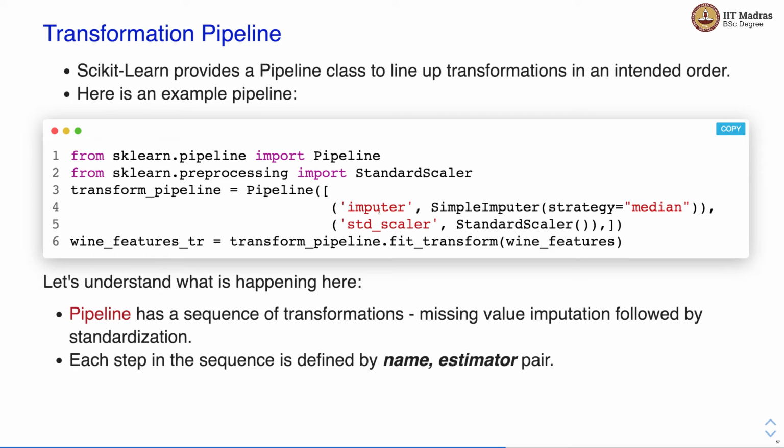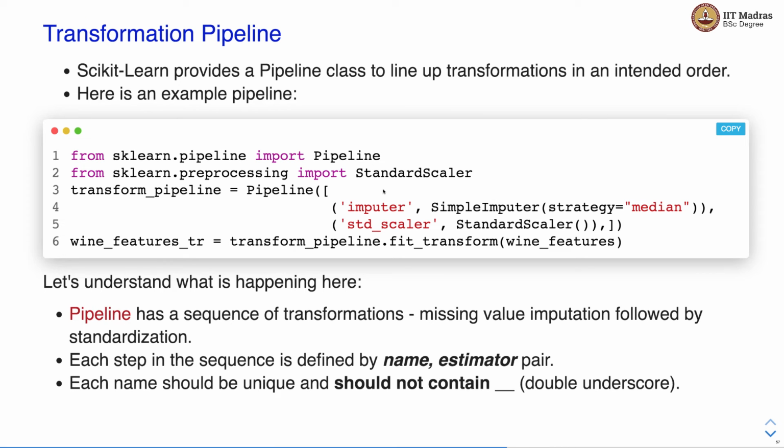You can note that each step is defined by a name and estimator pair. For imputer, we are going to use the simple imputer estimator, and for standard scalar, we are going to use the standard scalar estimator. Each name should be unique and should not contain a double underscore.